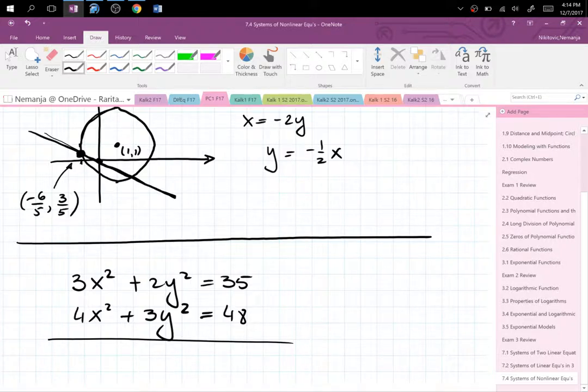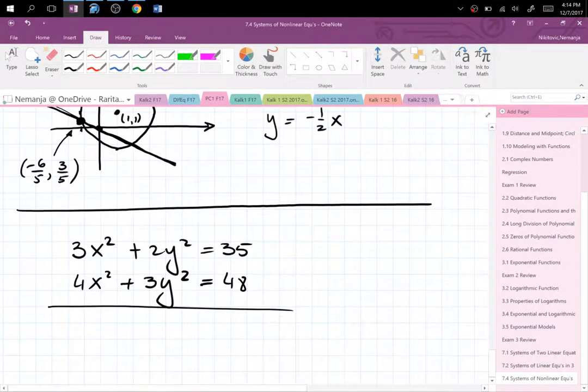All right, so standard elimination works here. We are going to multiply the top equation by -3, say, and the bottom equation by +2 to eliminate y's. If you're eliminating x's, you have to multiply by 3 and 4, which creates larger numbers, and we don't want that.